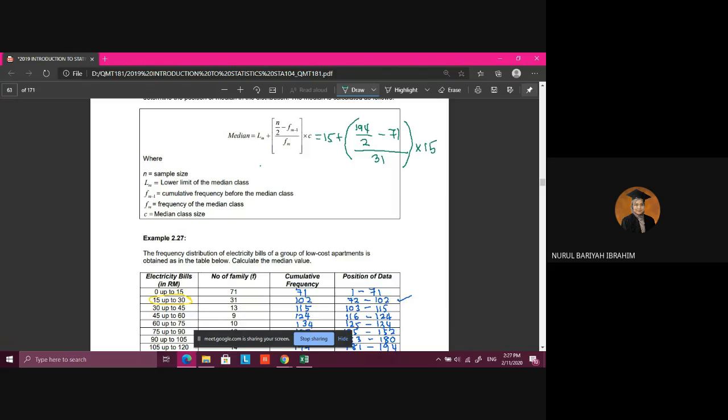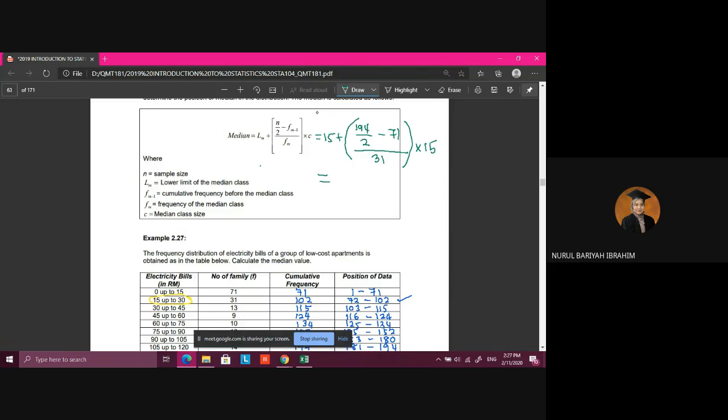Okay, let's see the answer for the median here. We can calculate the median because we have all the values here. Remember, when you calculate, you must solve what is in the brackets first and multiply first, then you add up. Those are the rules of addition and multiplication. So 194 divided by 2, 97 minus 71, divided by 31, and then multiply with 15 and then plus 15.